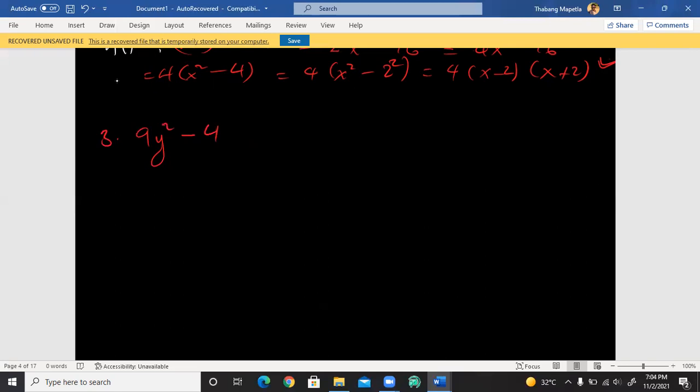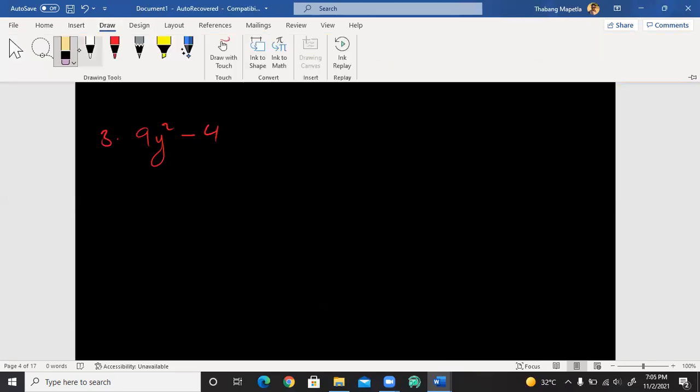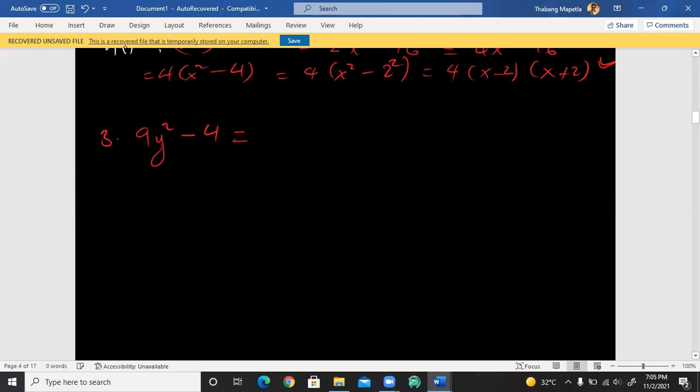So when it's like this and you have to factor it out, 9 is a square number and 4 is a square number, so we can write them in terms of power 2. We can have 3 squared y squared minus 2 squared. So that is going to be 3y, grouped together so they have one square, those bounded by multiplication, minus 2 squared.